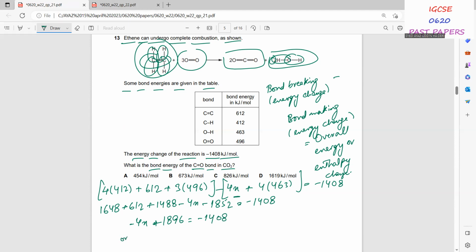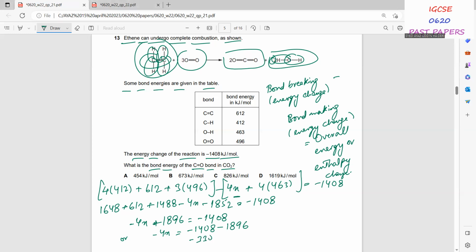Or we have minus 4x is equal to minus 1408 minus 1896. So we will add 1408 and 1896 together. We will get minus 3304.